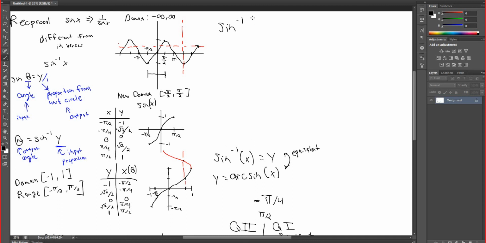Sine inverse of root 3 over 2. Sine inverse of negative a half.